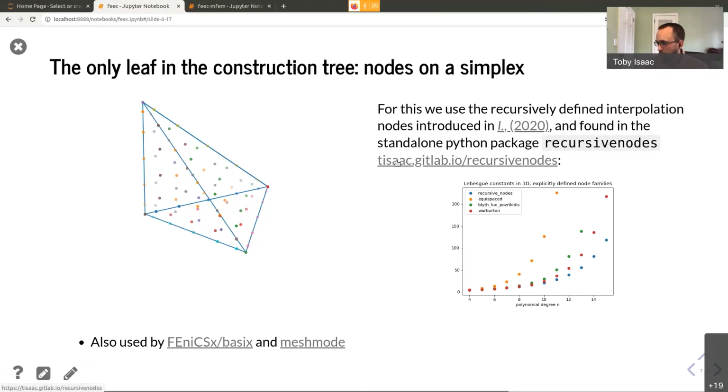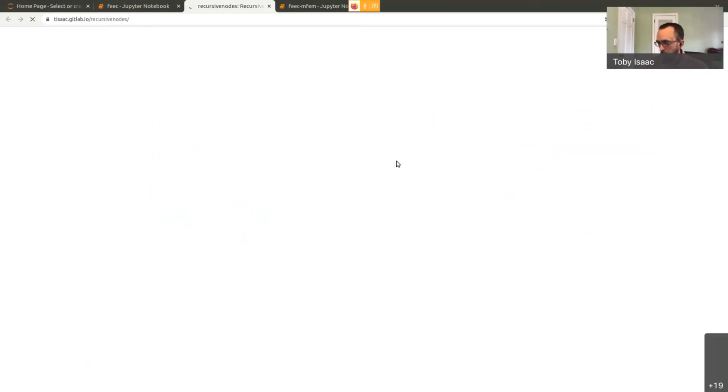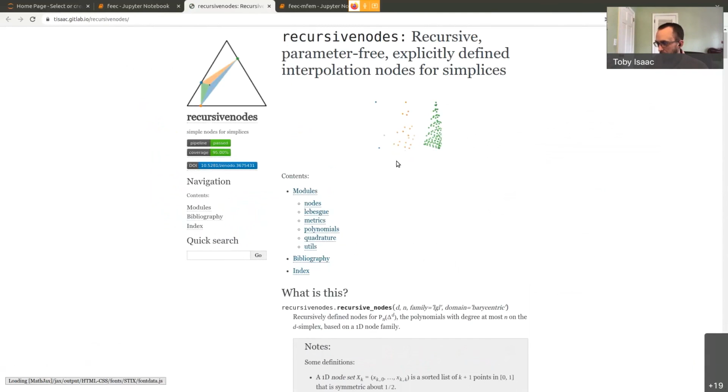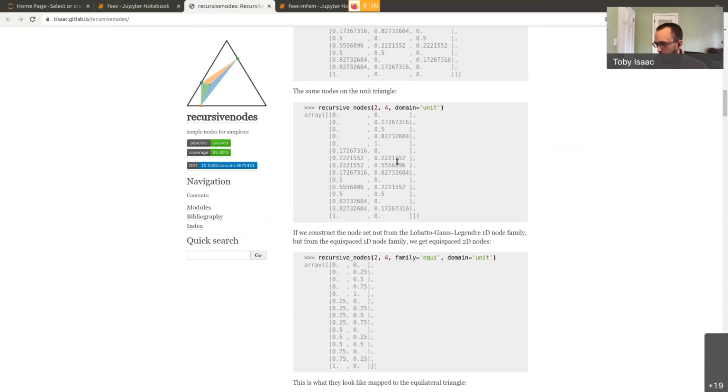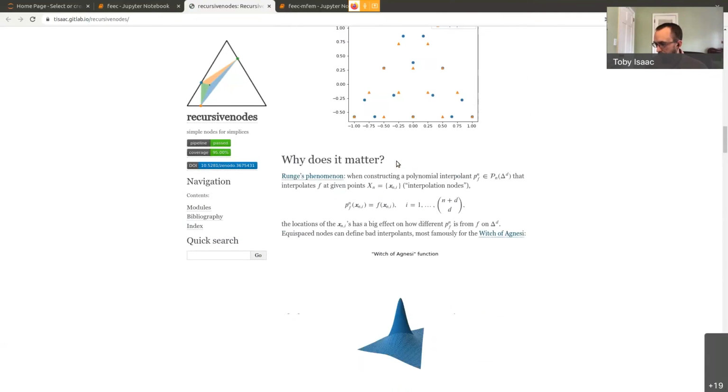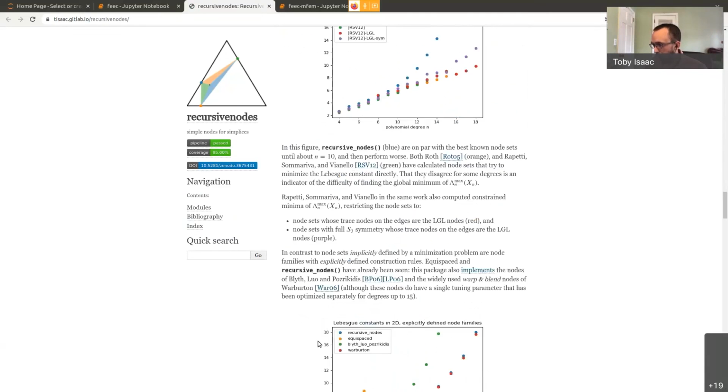And so I've got this very simple Python code that defines arbitrary order nodes in the interior of 2D, 3D, I guess any D, but no one really needs higher than 3D.